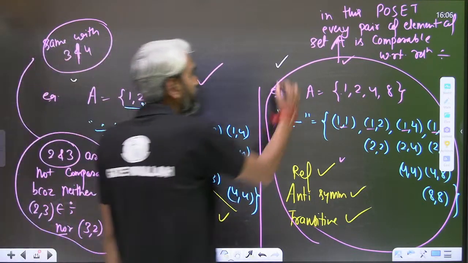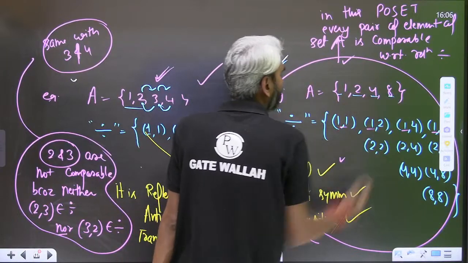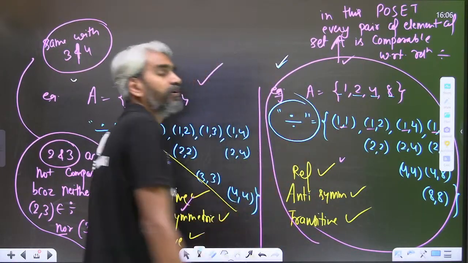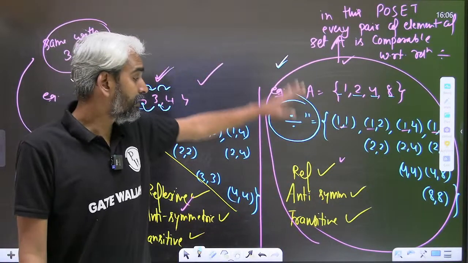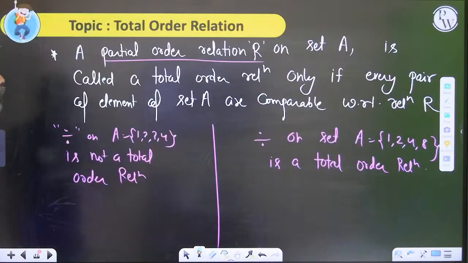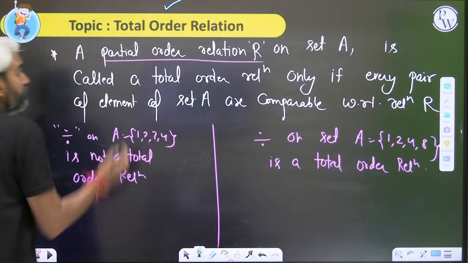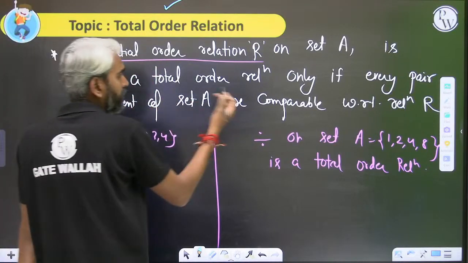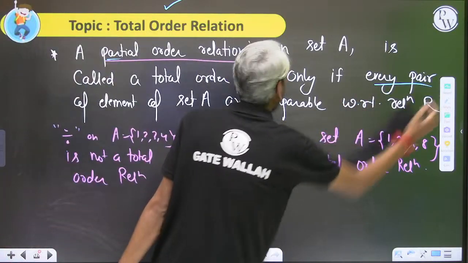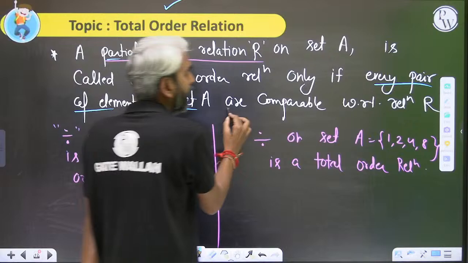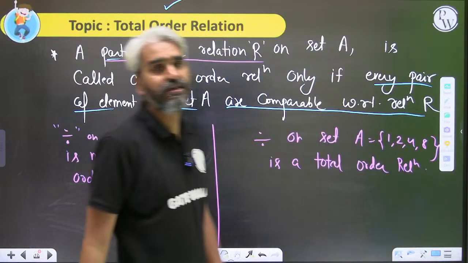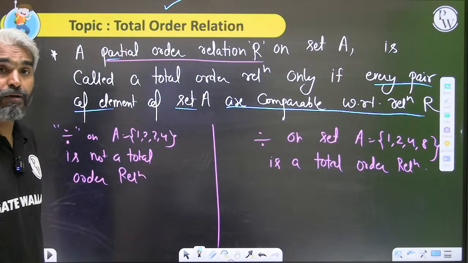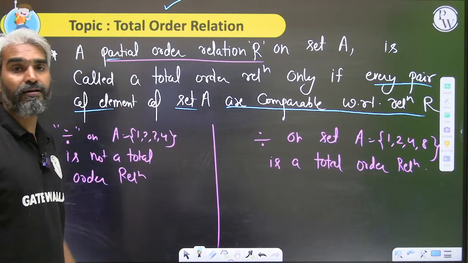But if all pairs of elements are comparable with respect to the given relation, then that relation will be called a total order relation. So what is a total order relation? A partial order in which every pair of elements of the set is comparable with respect to the relation is called a total order relation.